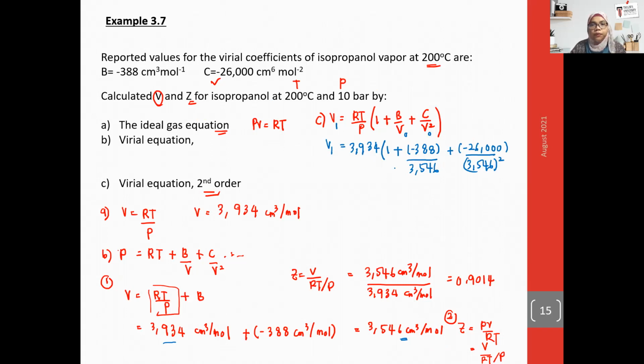And then you may find if V1 here is near or not with this. If not, you need to perform another iteration.